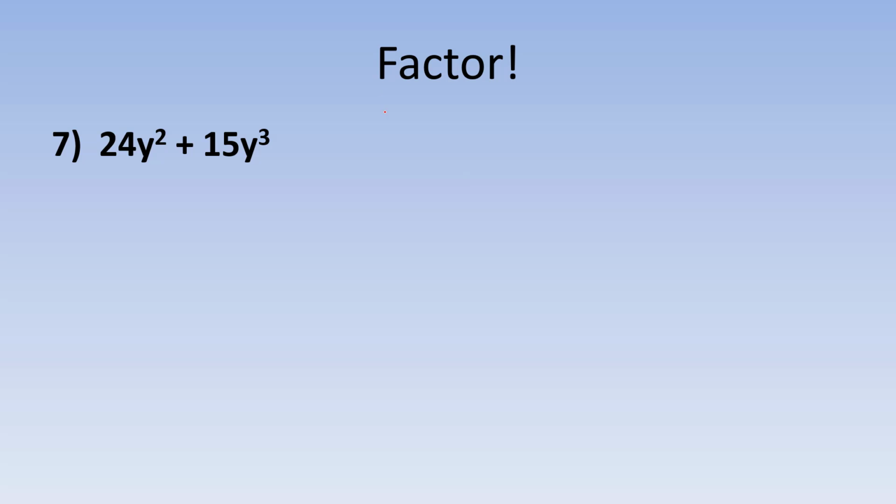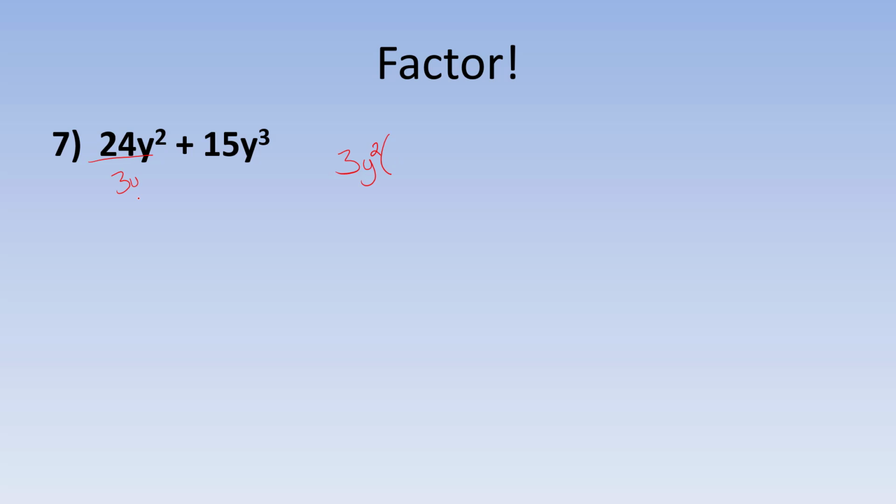All right, welcome back. 24 and 15. Well, not 15, not 10, not 5. Maybe 3. Looks like 3 is going to be our greatest common factor. And then variable-wise, both of them have at least 2 y's in them, so y squared.